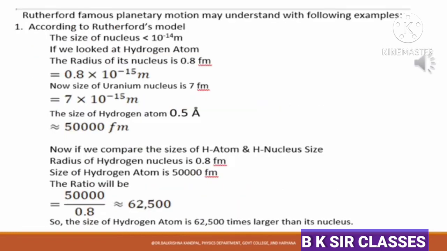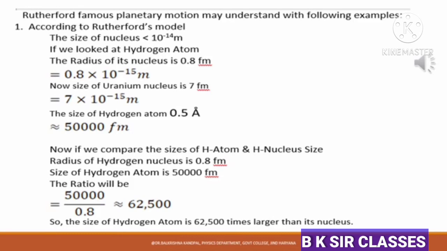Rutherford's famous planetary model may be understood with the following example. Here we are comparing a hydrogen atom's nucleus radius and the atomic size. What difference there will be between atomic size and the nucleus, we are going to calculate with this example.